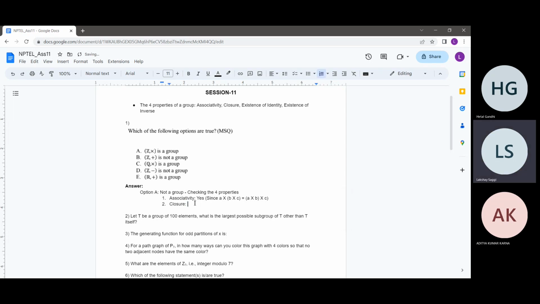Multiplication over integers is closed, because whenever you multiply two integers, you will get back an integer only. That's the definition of closure, right? Take any two operands and apply the operator, then the result should also belong to that field only. So this is also true.